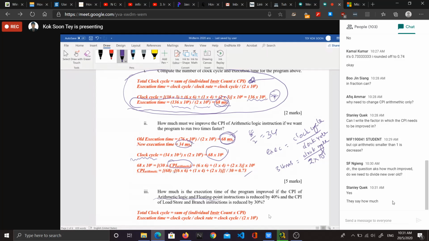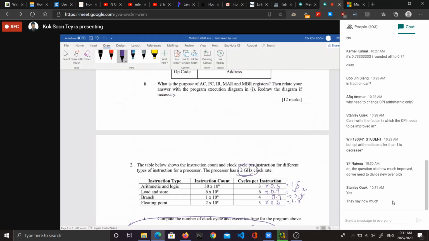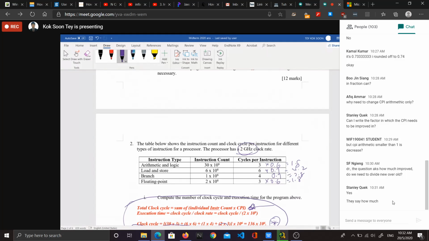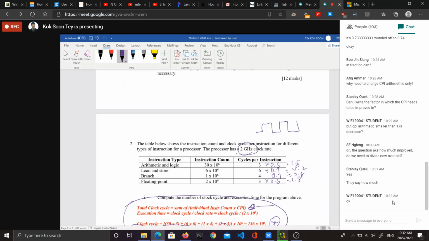Before this, the arithmetic is 3 clock cycles. So it means they need 3 clock pulses, 1, 2, and 3 clock pulses, only then they can finish the instruction. So now they reduce it to 0.73. So if they even need less than 1 clock cycle, they can finish the task. So it means your program will be faster, has been improved. The program execution speed.